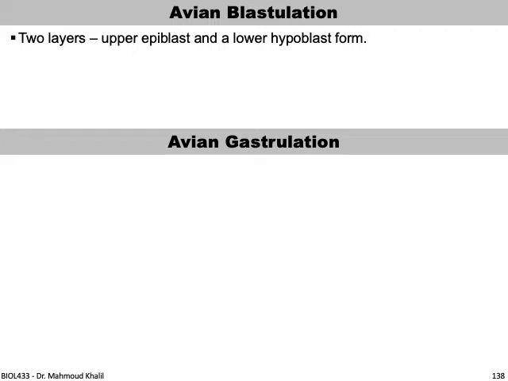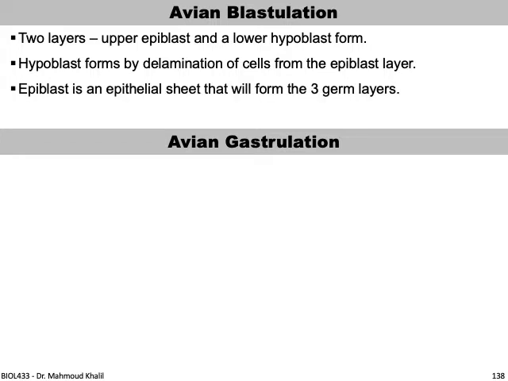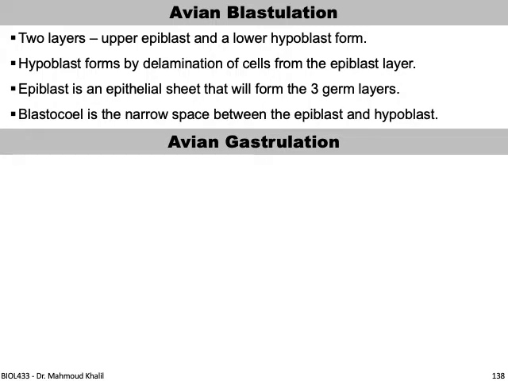So let's talk about avian blastulation and avian gastrulation. In avian blastulation, there are 2 layers, upper epiplast and lower hypoplast. This hypoplast forms by delamination of cells from the epiplast. The epiplast actually is an epithelial sheet that will form the 3 germ layers. The blastocele is the narrow space between both these layers, epiplast and hypoplast.